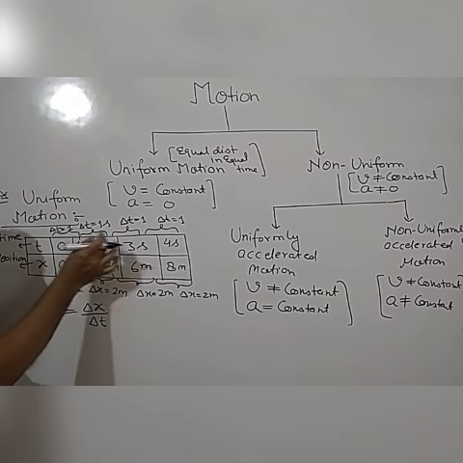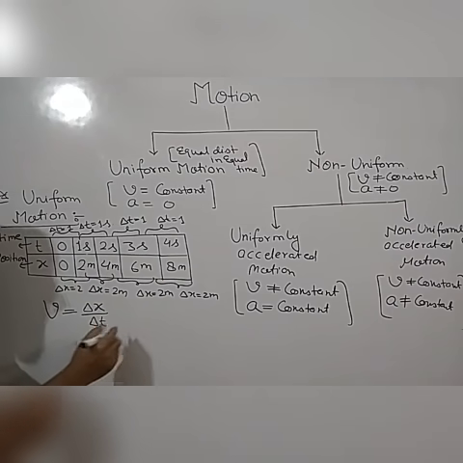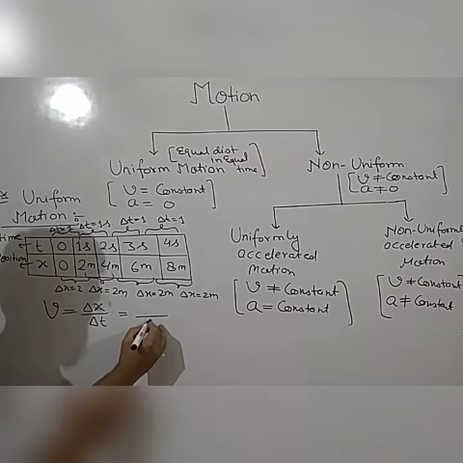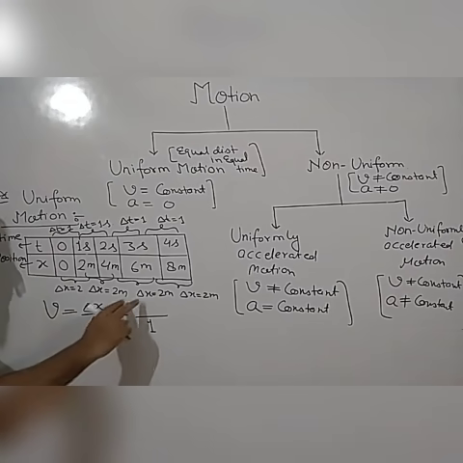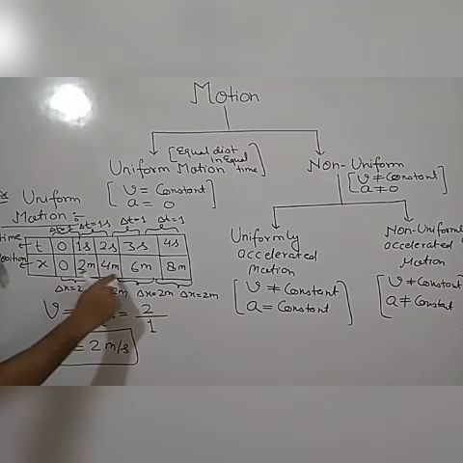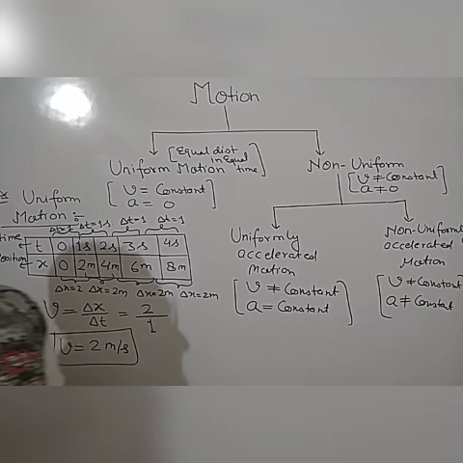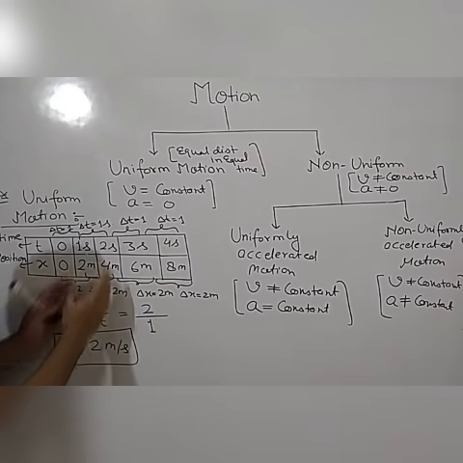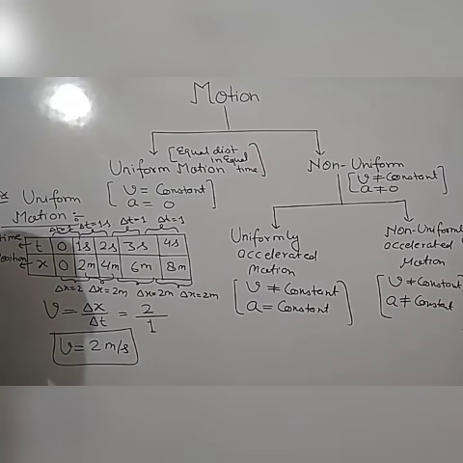So for every particular instant of time, the time interval is 1 second and there is a displacement of 2 meter. It means the value of velocity is coming out to be 2 meter per second, and for every time interval the velocity is coming out to be the same. It means this velocity is constant. 2 is a constant number.